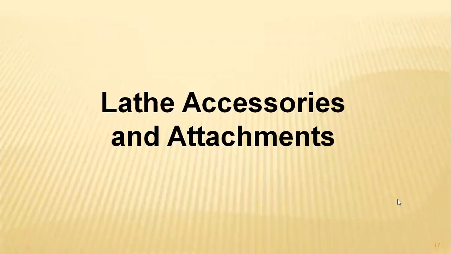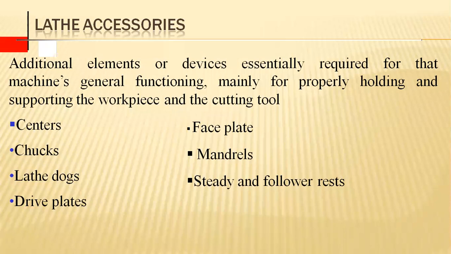Coming to the lathe accessories and attachments, normally we have the elements or devices which are major in working the entire lathe machinery. Upon segregation into different parts: the centers, chucks, lathe dogs, drive plates, face plates, mandrels, steady and follower rests, even the tool devices, tool holders, tool posts, carriers, overall carriages, beds, those are the basic devices that lathe machines have.